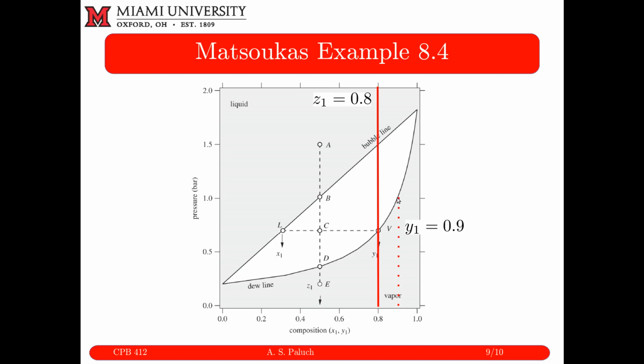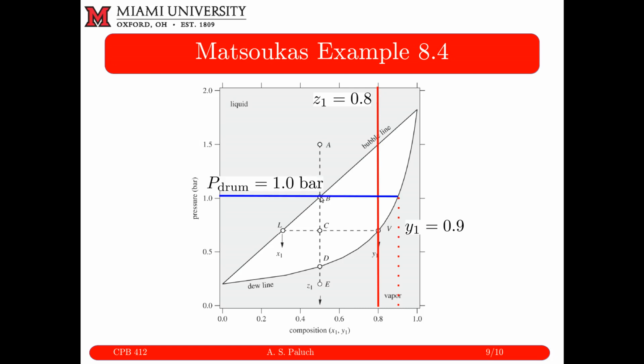T is already fixed. This entire diagram is drawn at a given T, and so the thermodynamic state of my system is fixed. So if I have a system at vapor-liquid coexistence at this vapor phase mole fraction, how I find the liquid is I draw an isobar, because my two phases are at the same pressure. I draw that horizontal line across. I find where my isobar hits my bubble line. That's going to give me my liquid.